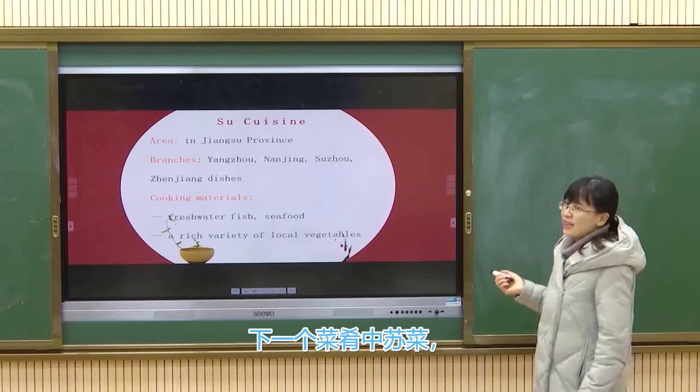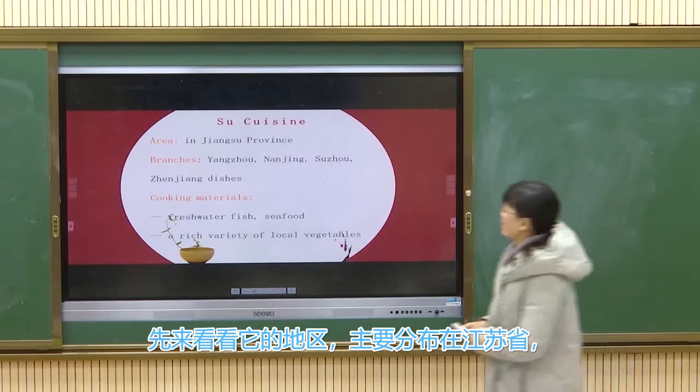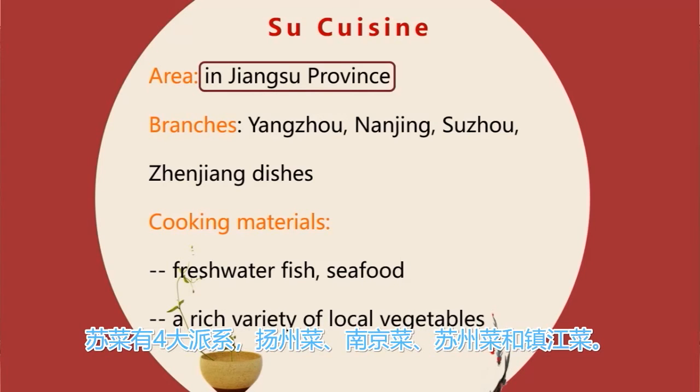And the next cuisine is Su cuisine. First, let's look at the area. The area is mainly in Jiangsu province. And Su cuisine has 4 branches. There are 4 branches of styles: Yangzhou, Nanjing, Suzhou, and Zhenjiang dishes.